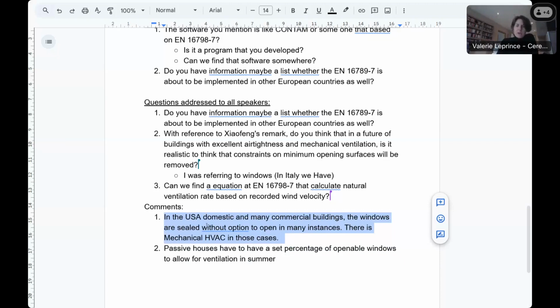And in some countries, it's maybe mandatory to have minimum opening surfaces for windows, but it may not be in other countries. Okay, passive house has a set percentage of openable windows to allow for ventilation in summer. Also, yeah, the mandatory minimum opening surfaces can indeed be made mandatory to do ventilative cooling in the summer. So that would make sense, indeed.